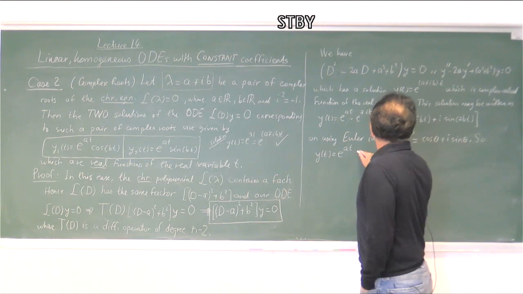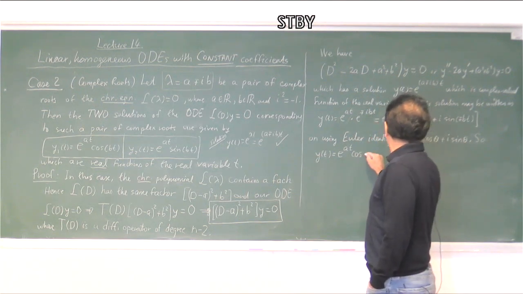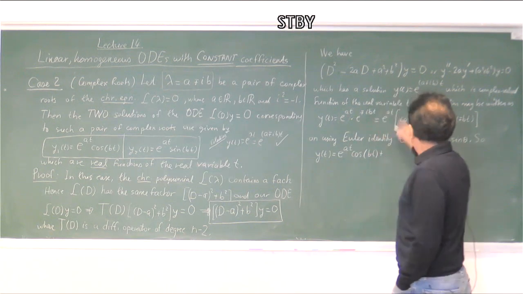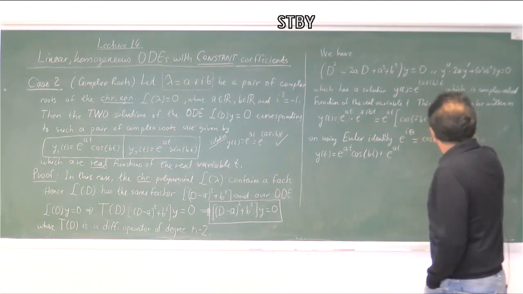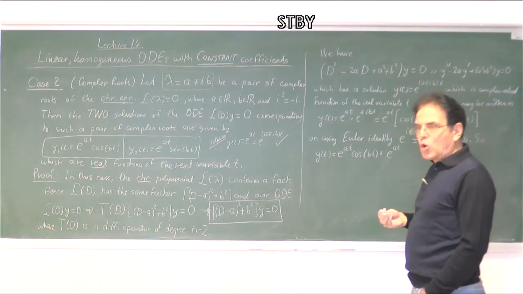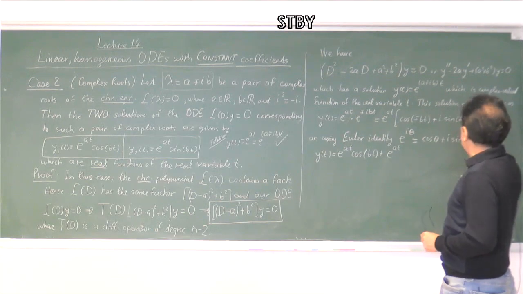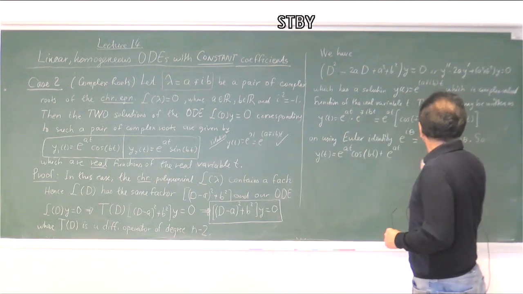So we have e to power at times cosine bt plus e to power at. Look, but sine is an odd function. So sine plus bt is sine plus bt, but sine minus bt is minus 1 times sine bt.